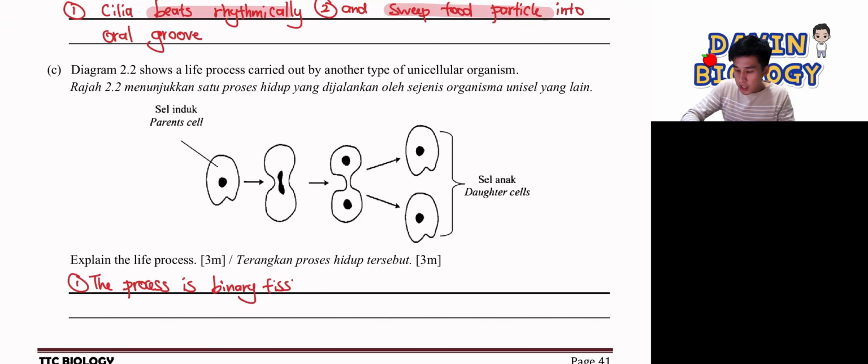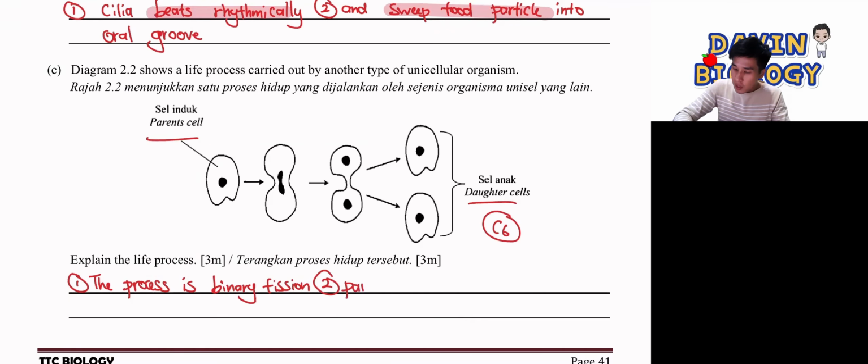Now this one is 3 marks, so they want you to explain a bit. The explanation is from Chapter 6, which we learned recently in class. So basically you're going to add the word mitosis. You just follow the words here.